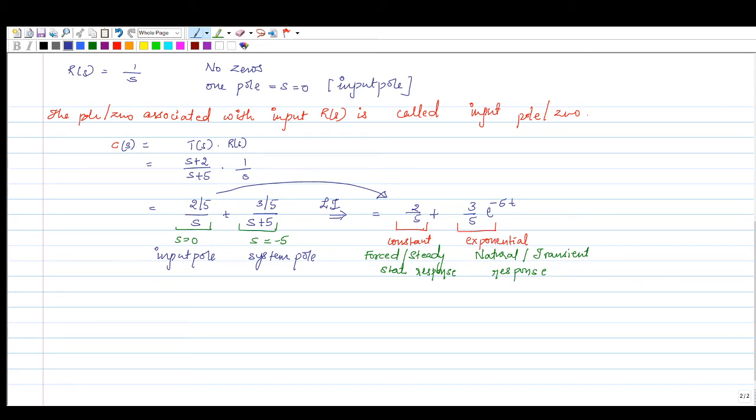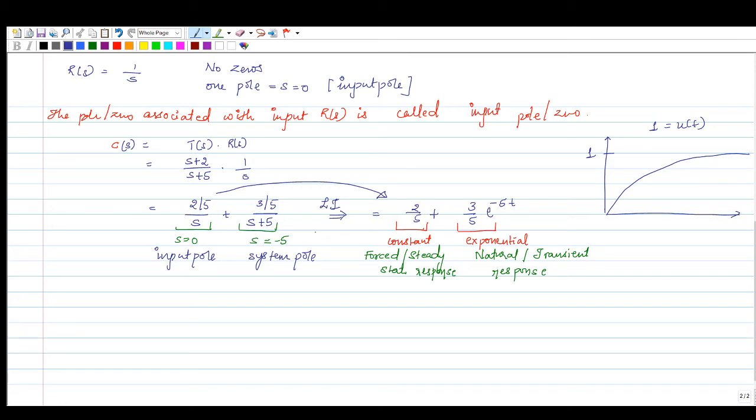We've seen in the previous recordings that this used to be our C of t value, and at steady state it used to attain 1, that is the final value. And 1 is nothing but the input that we had given, that is u of t, unit step input. So always the steady state response is dependent on what type of input we are giving.